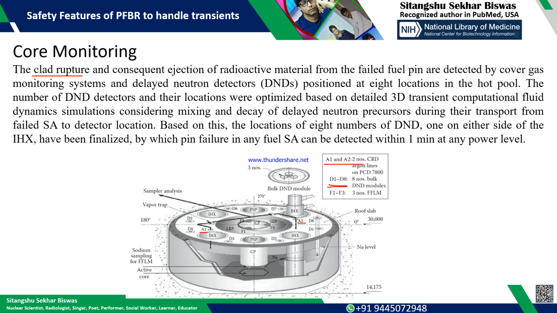You can see there is maybe a 120-degree aperture. Around each FFLM can cover 66 subassemblies; I think the exact figure will be given in some detail in the next slide.